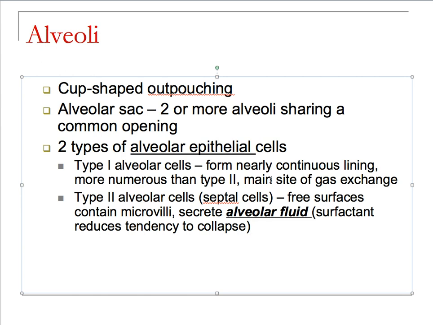It's important that the cup has a reduced surface tension level. That's the purpose of that alveolar fluid. And in doing this, this is actually how you can make sure that you can exchange gases.